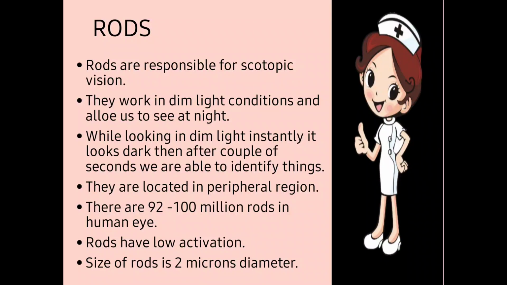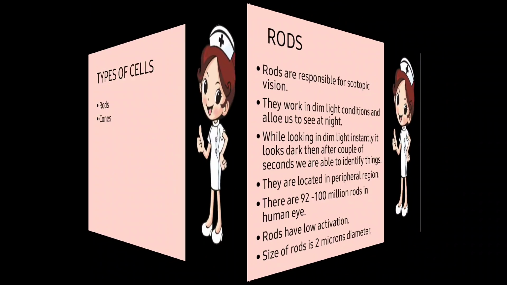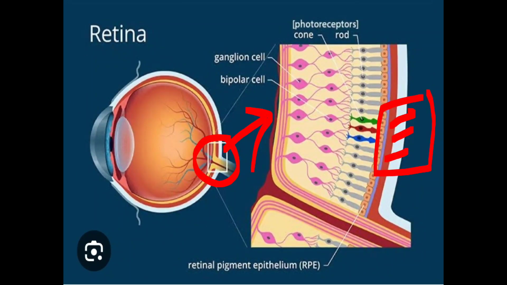They are located in the peripheral region. Now what is peripheral? Peripheral means side region. Here you can see this is the side area and this is the side area. These are located at the peripheral region. If you move to this, here you can see that these all are the peripheral area, but this gets magnified here.